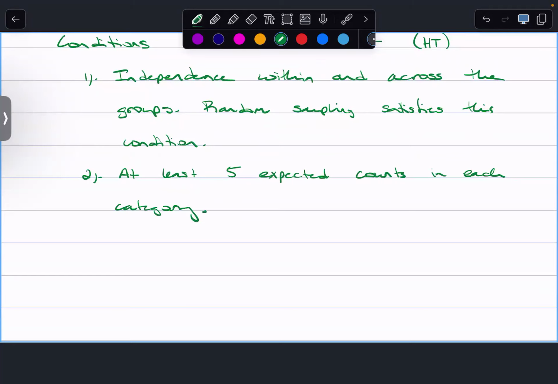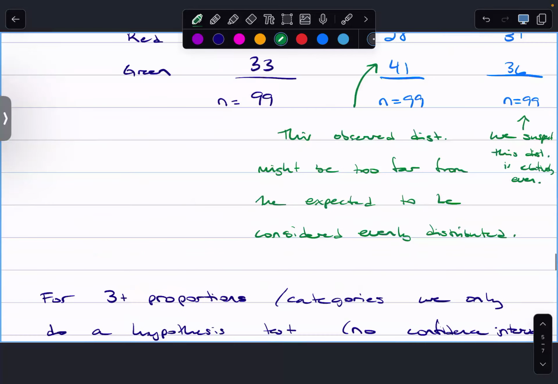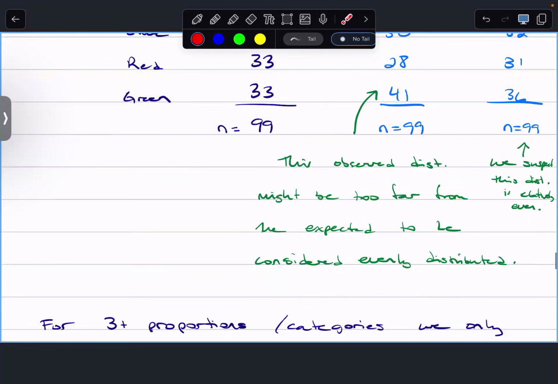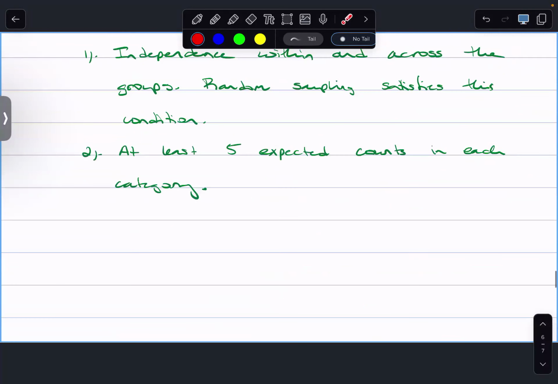So for us, we had random samples, so we can assume independence within and between our samples or our categories. And we said, okay, if I expect an even distribution, I would expect 33, 33, and 33. So these are going to be my expected counts. Okay, so now I have 33 in each category, and so this condition is satisfied.